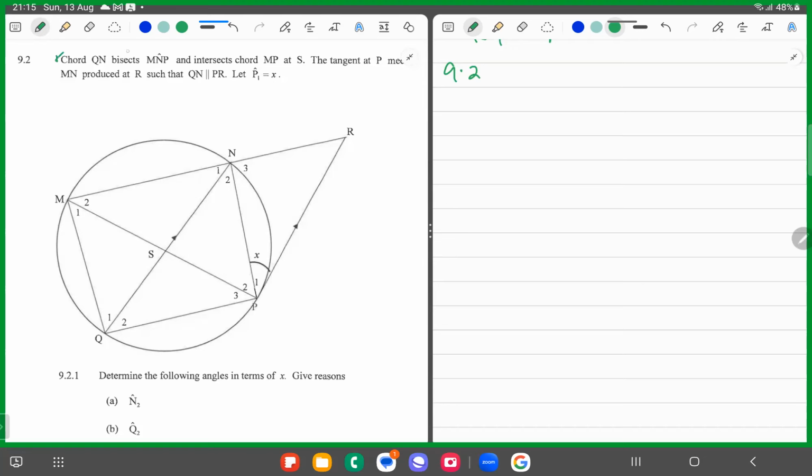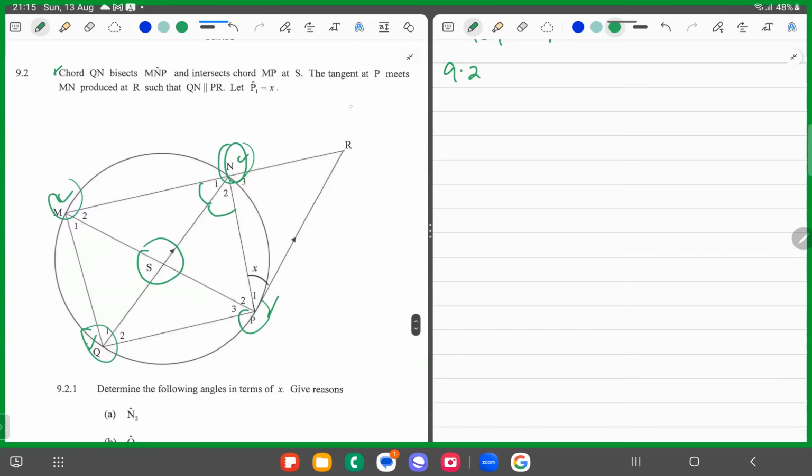Chord QN bisects angle MNP, so these angles are equal, and intersects MP at S. The tangent at P meets MN produced at R.